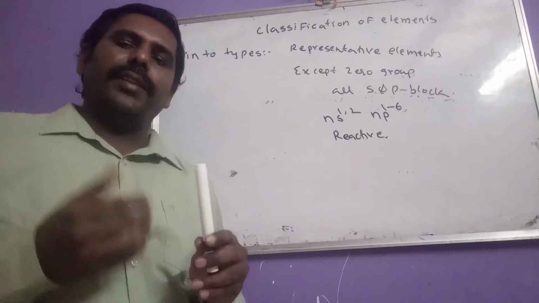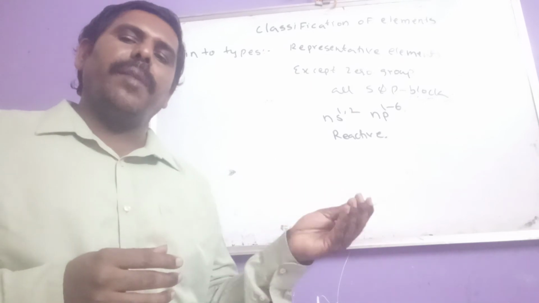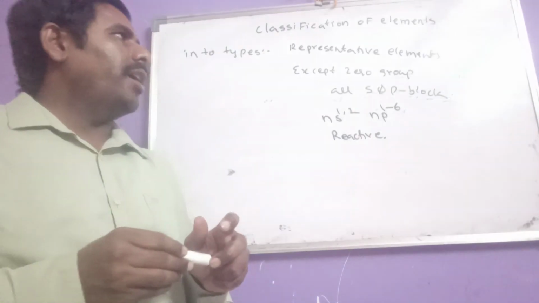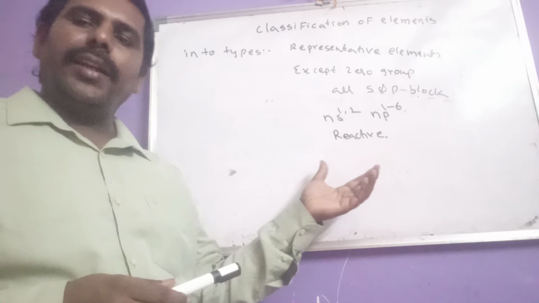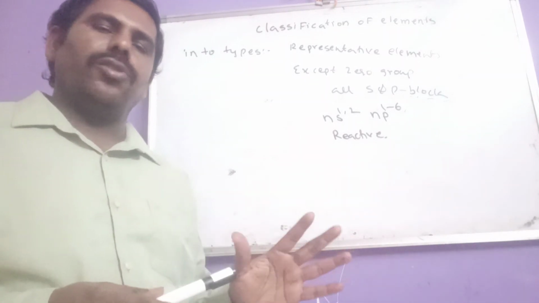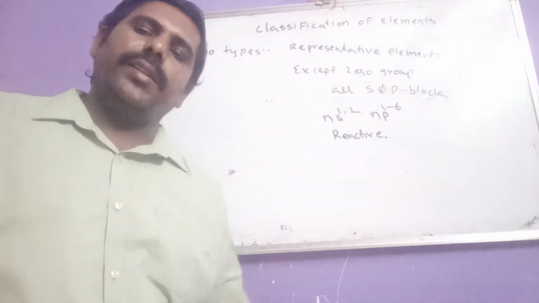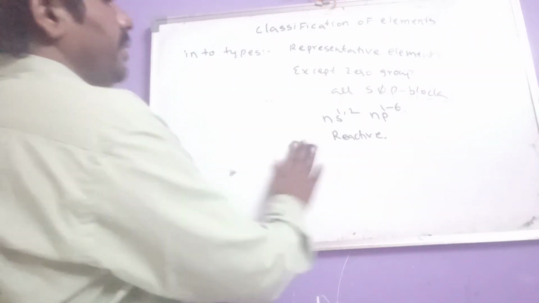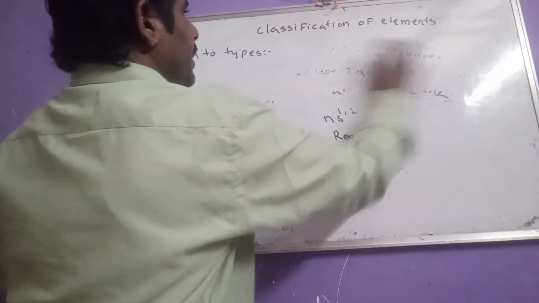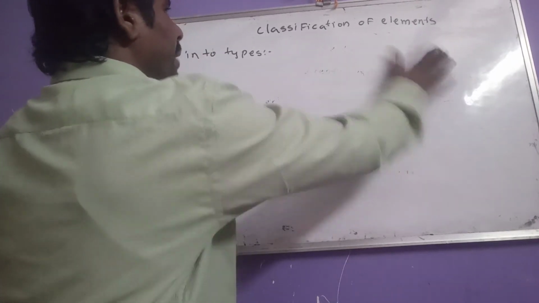Either by losing, gaining or sharing, they participate in chemical bonds. These elements contain metals, non-metals and some metalloids also. This is regarding representative elements.